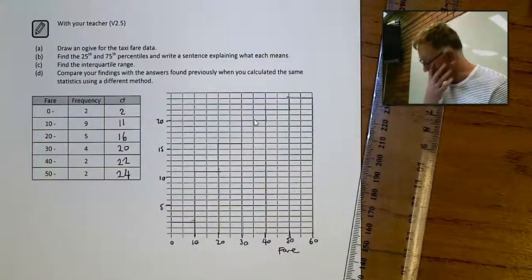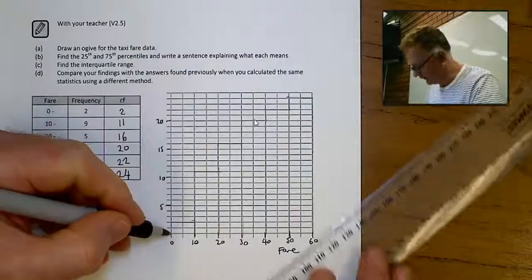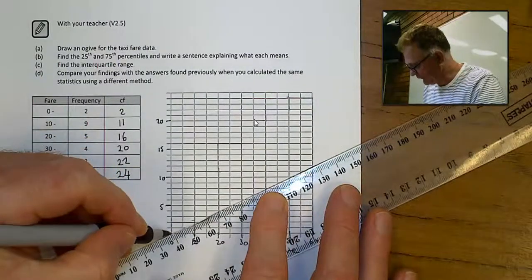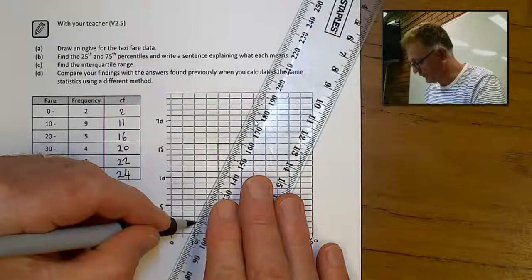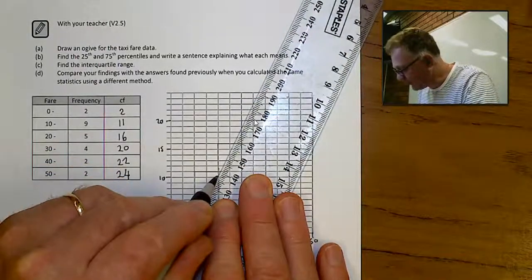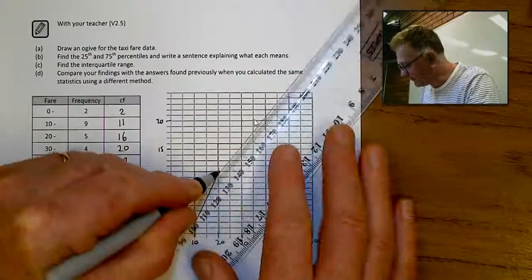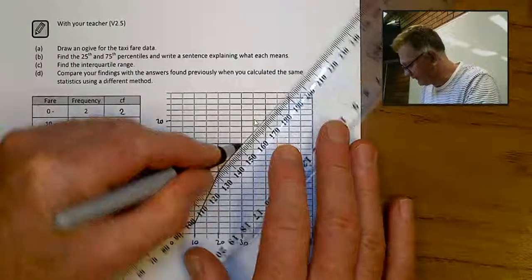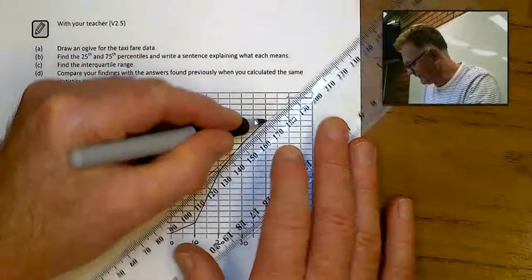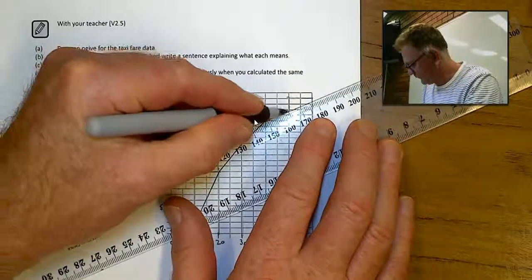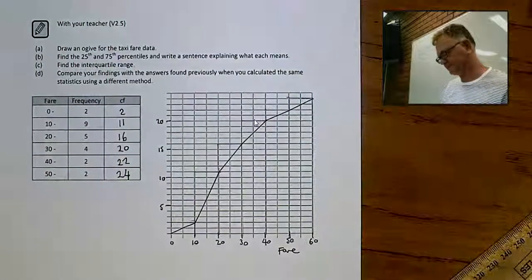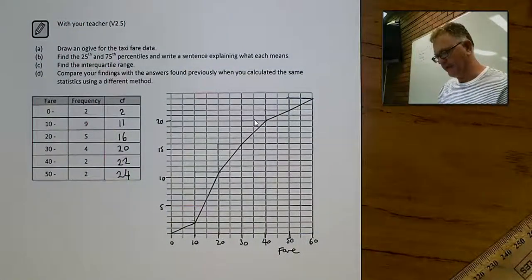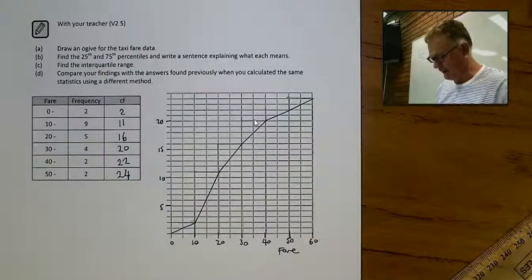Now the ogive fits neatly inside there, so I just connect the starting point and then just keep on connecting to the top right hand corner of my cumulative frequency histogram. And there we have it. That's my ogive. Now I'm going to answer some questions.